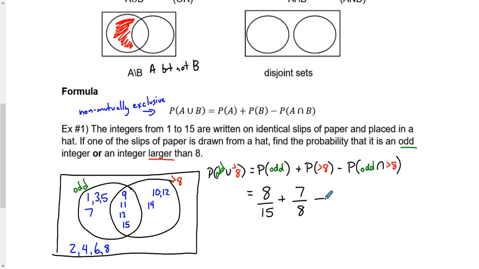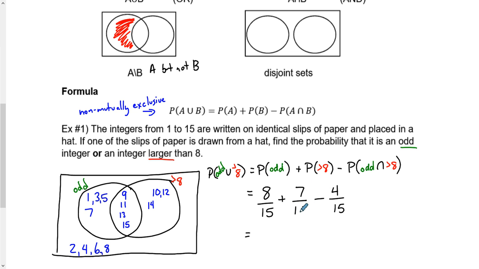Then we have to subtract how many numbers are both odd and greater than 8. Well, we can read it right from our Venn diagram. It's 9, 11, 13, and 15. 4 out of 15. Oh, sorry. Getting way too many errors today.